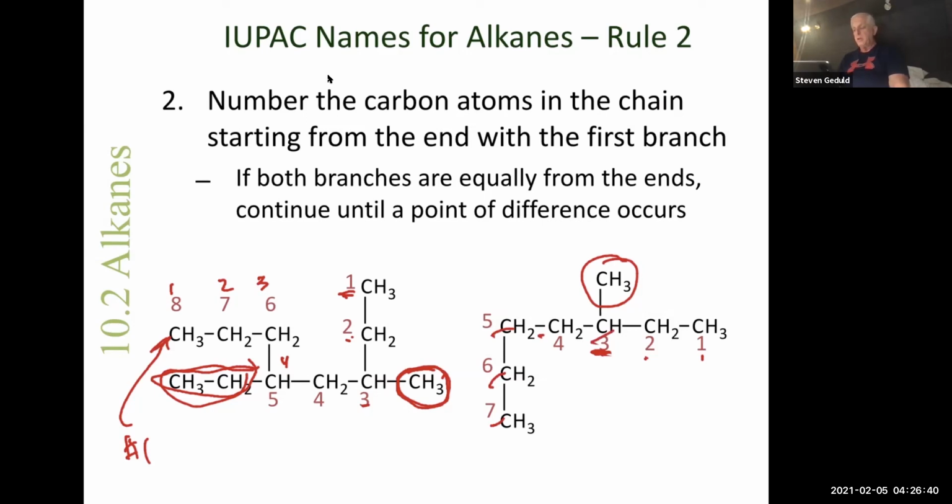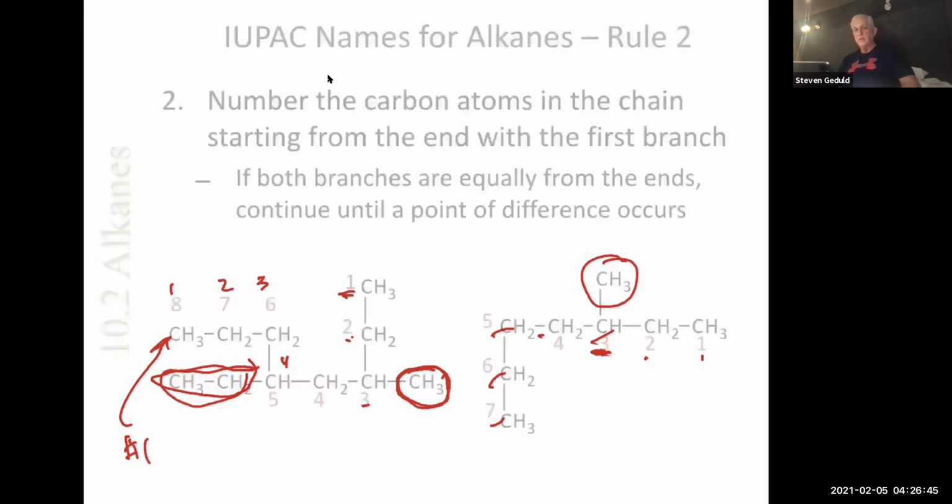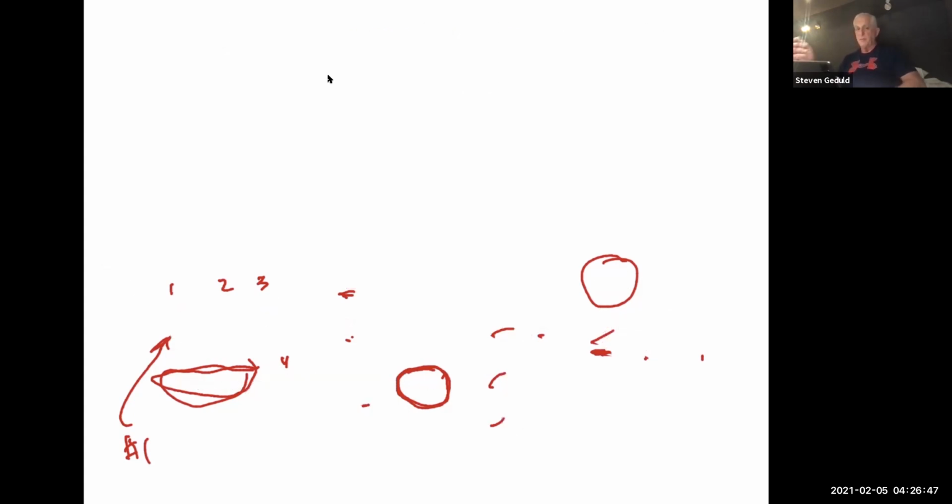Let's do line structures here. If I clear that screen, I still have writing material. Here's a line structure. 1, 2, 3, 4, 5, 6. What's the longest chain? How many carbons?